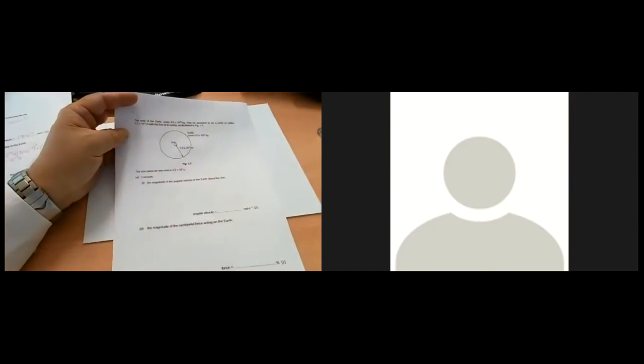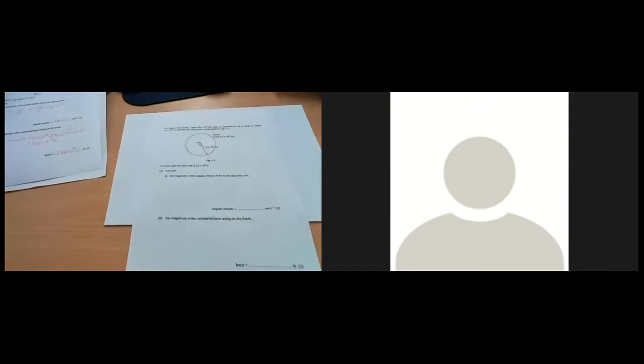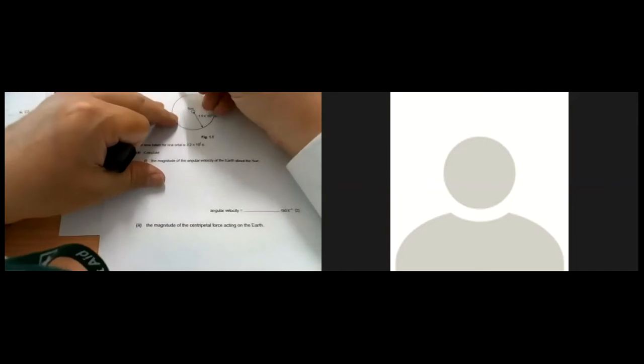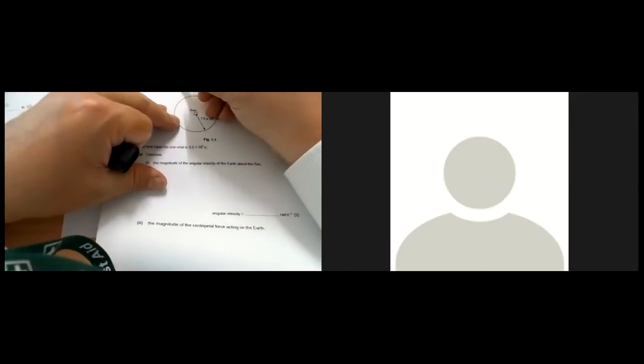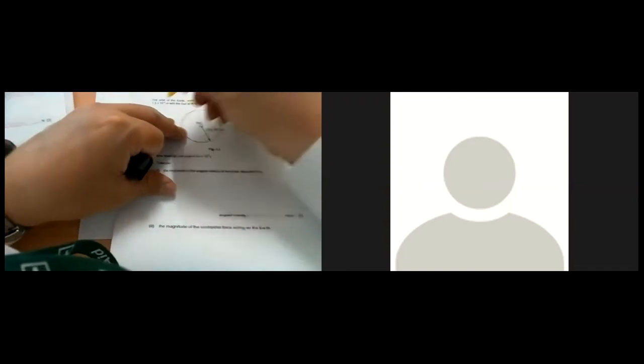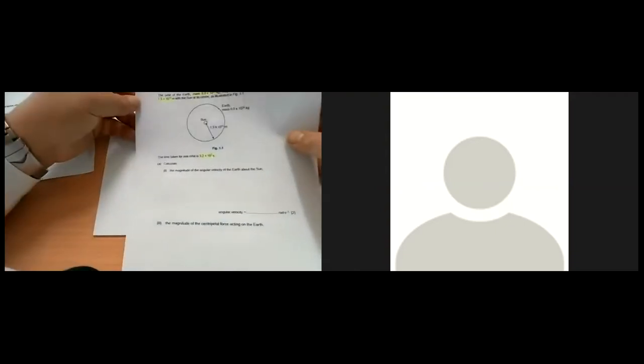As per exam technique, we highlight, underline, or otherwise make obvious the things that are important. We've got the mass of the Earth, the radius of the orbit in meters, and the time period in seconds. So we don't have to convert any units. The second question will require you to convert those units.